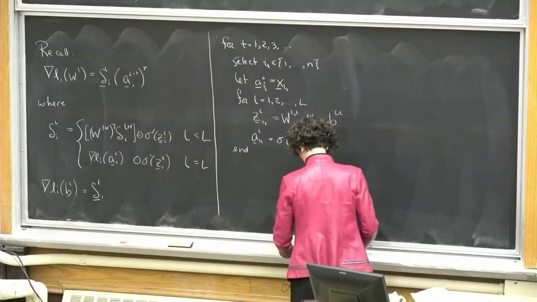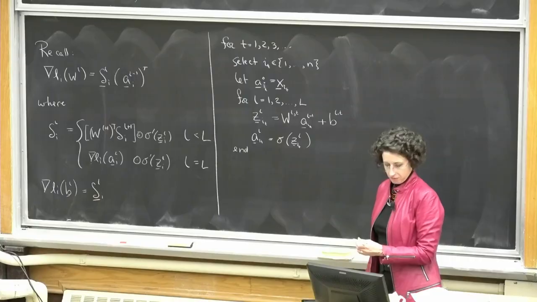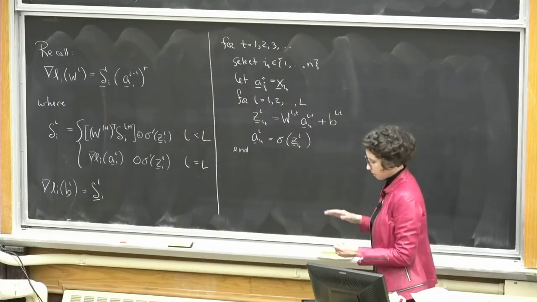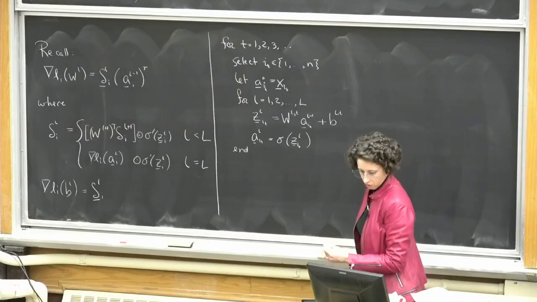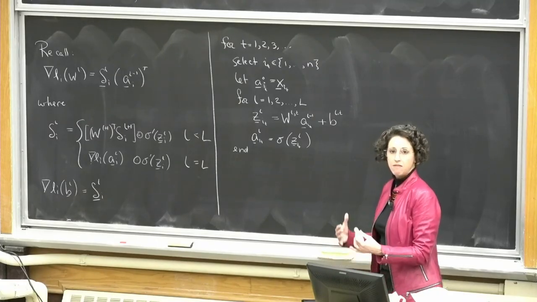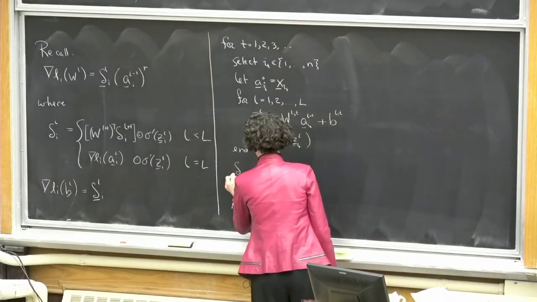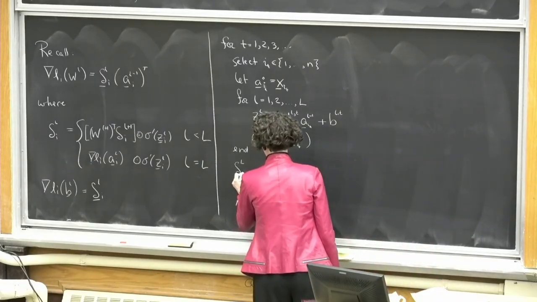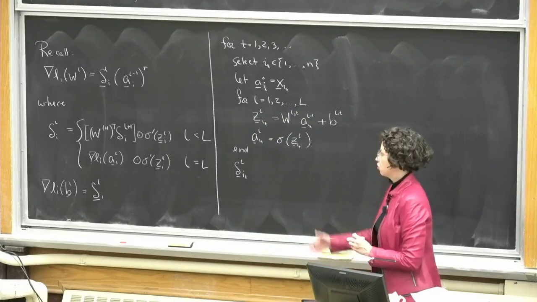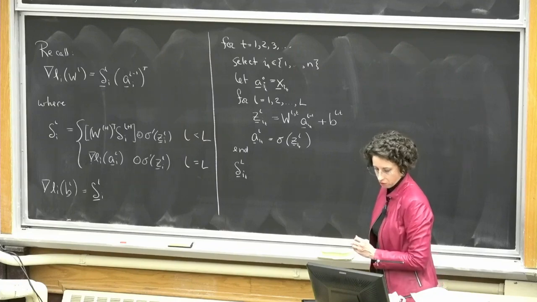And now what I'm going to do, I want to keep this all on one board. So I'm now going to compute the backward pass. So I'm still on iteration t, and I am going to first compute the delta vector at the final layer. So I'm going to compute delta, capital L, for training sample i_t. And we just use the formula that we have on the left-hand side of the board.